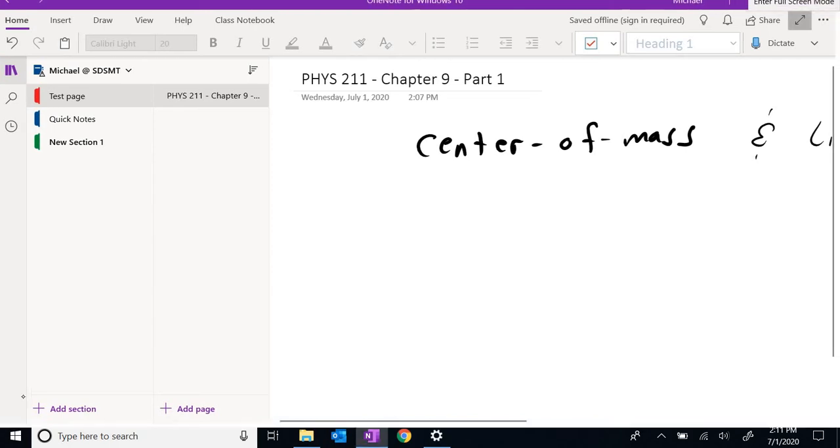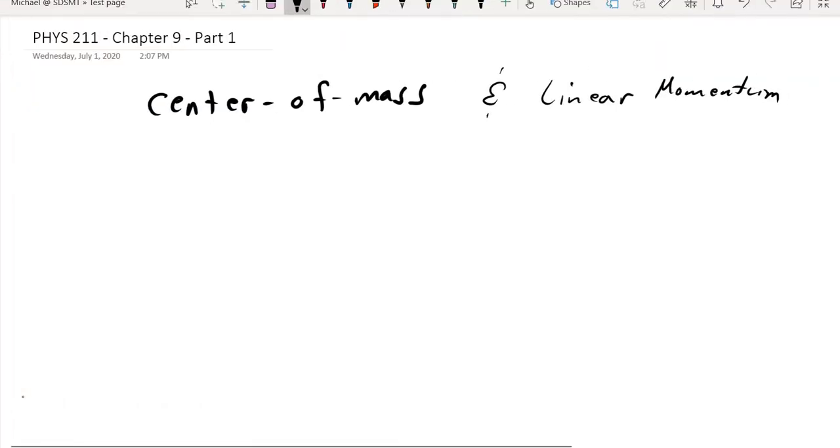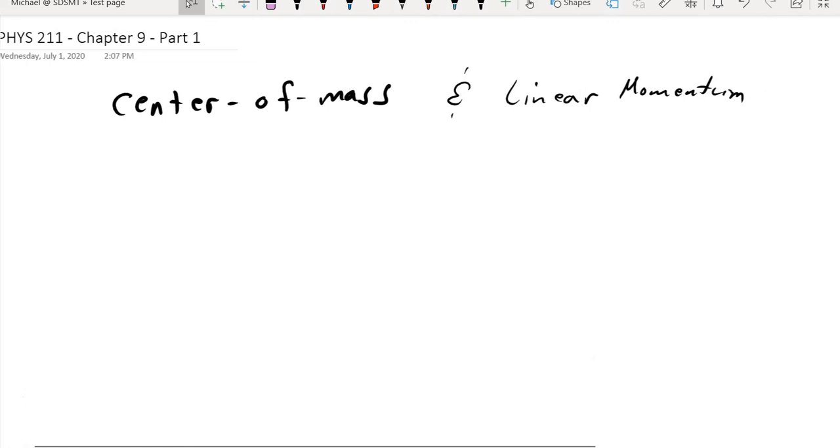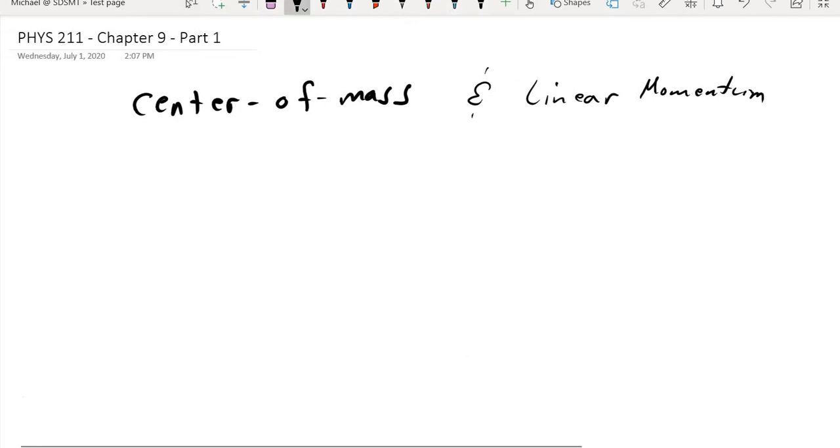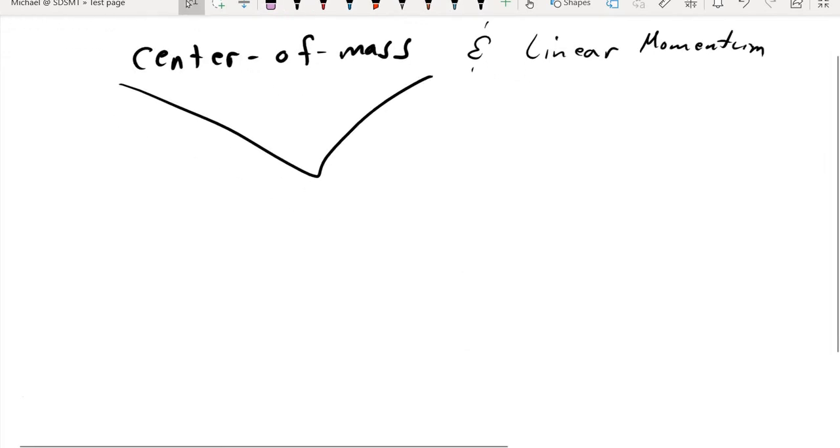Hello, everyone. We are starting Chapter 9, and Chapter 9 has two main topics that we need to discuss. The first one is center of mass, and the second is linear momentum. And what center of mass is going to do is allow us to take a system that has more than one mass in it.